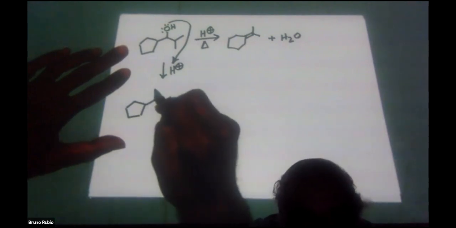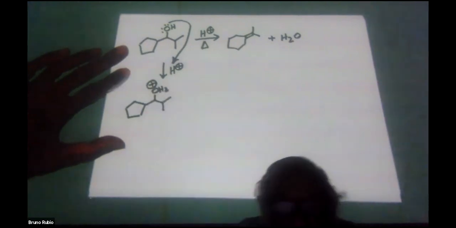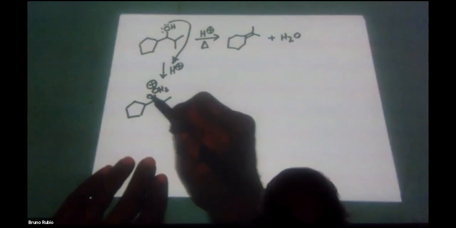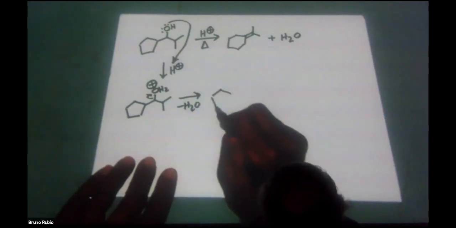And so we get the oxonium ion, which has that positive charge on oxygen. And then the oxonium ion departs as a molecule of water. And so we get this carbocation.